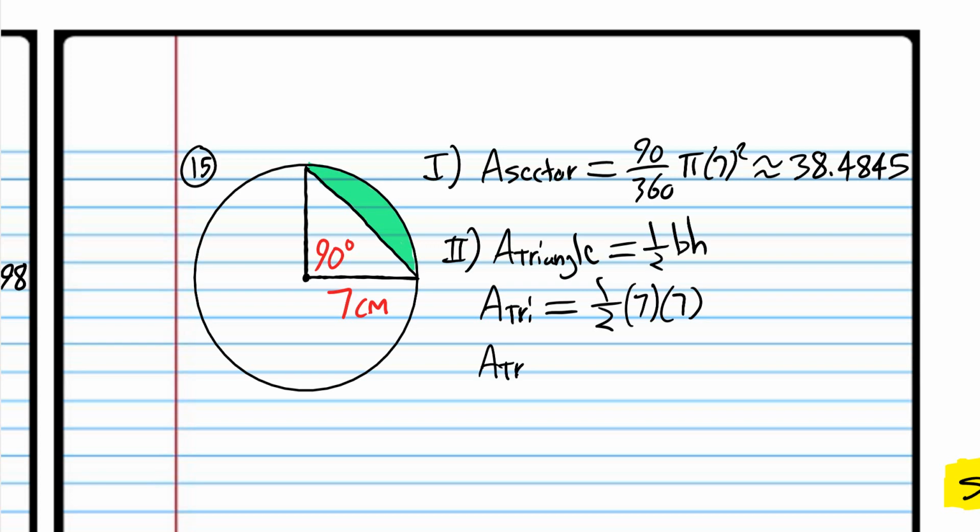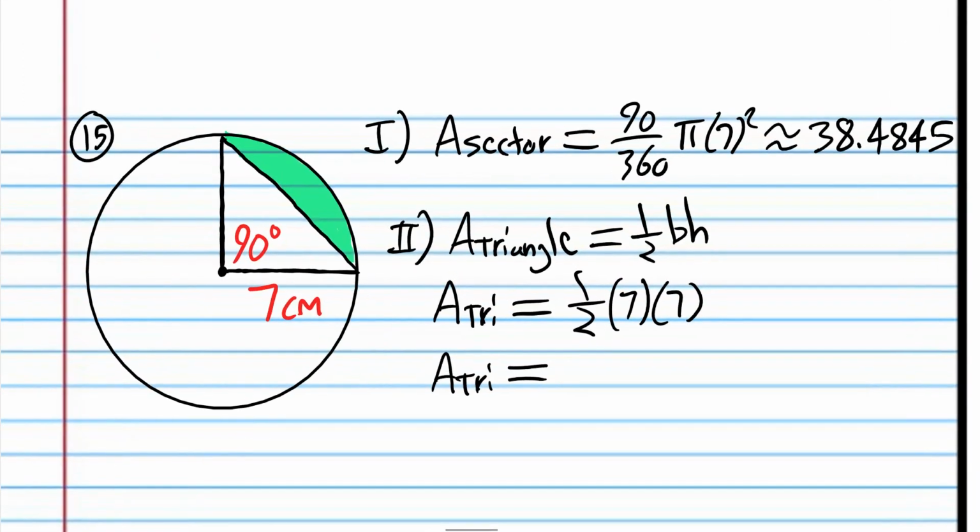So the area of the triangle is exactly equal to whatever that stuff is there. So 1/2 is 0.5, so 0.5 times 7 equals, and then times 7 equals. So we get 24.5.